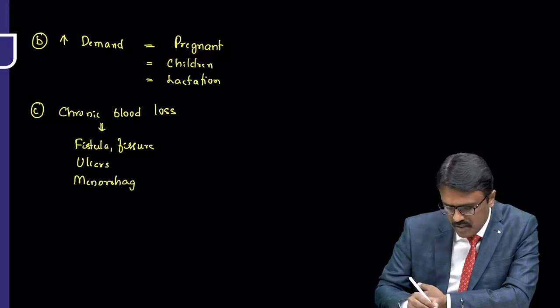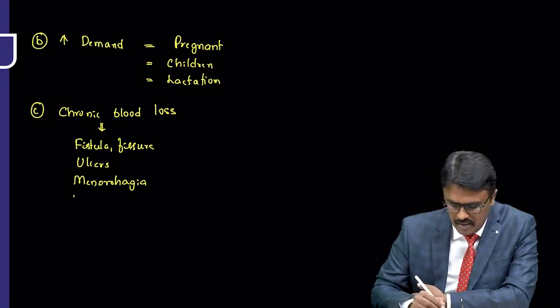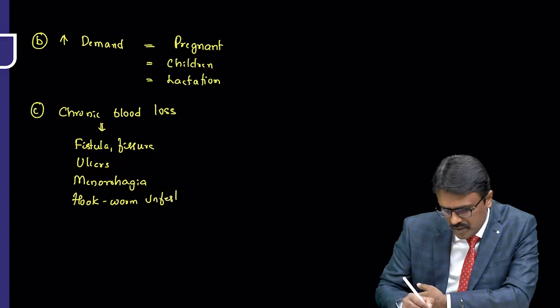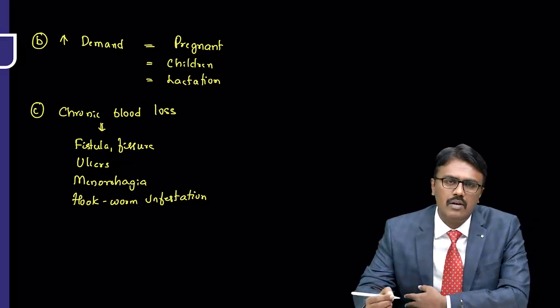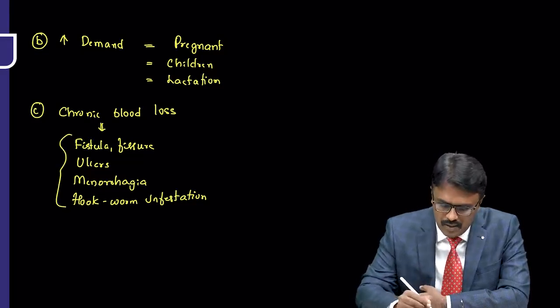In India, they will have menorrhagia and will be losing blood. Then hookworm infestation. So you have to treat the cause. Without treating the cause, if you only give iron, it is not going to help. So treat these causes.